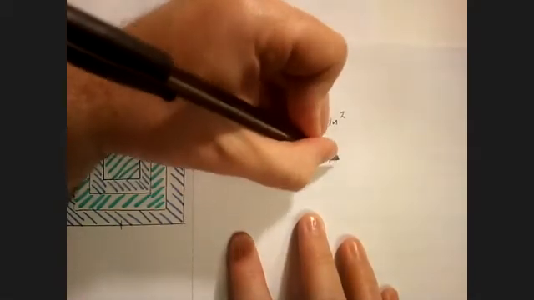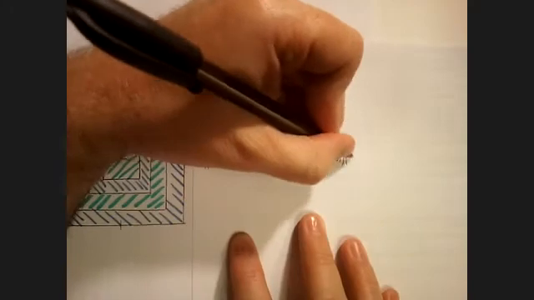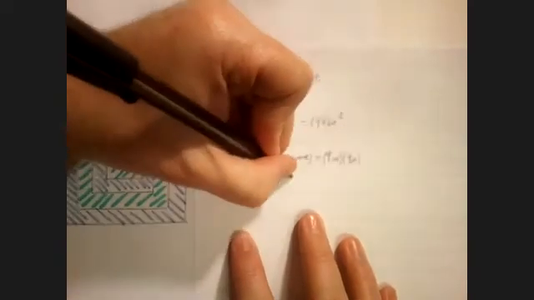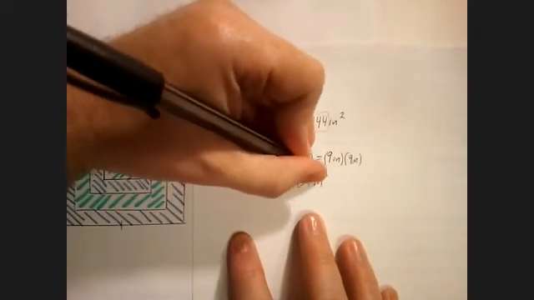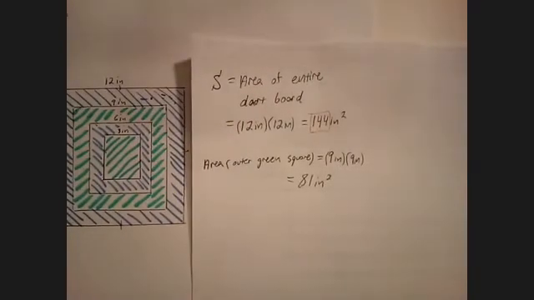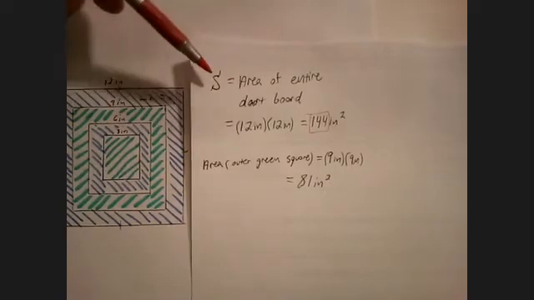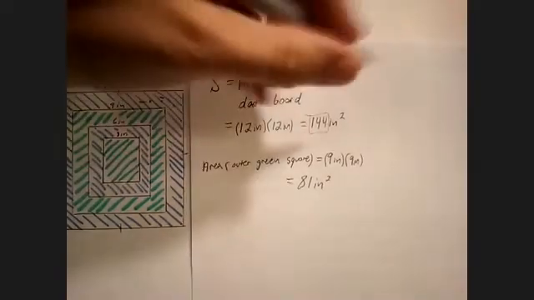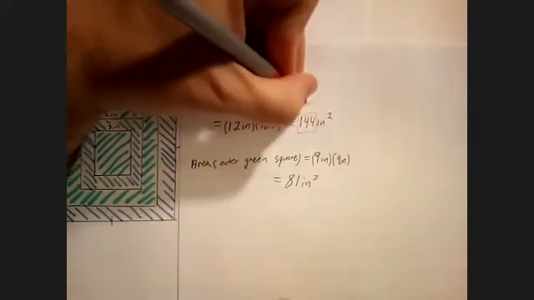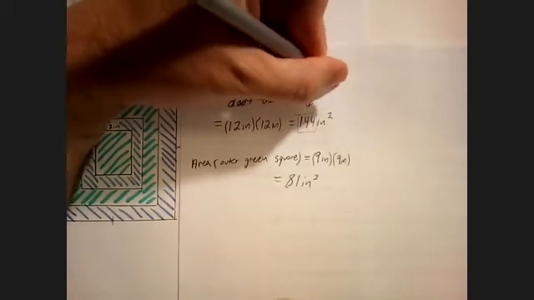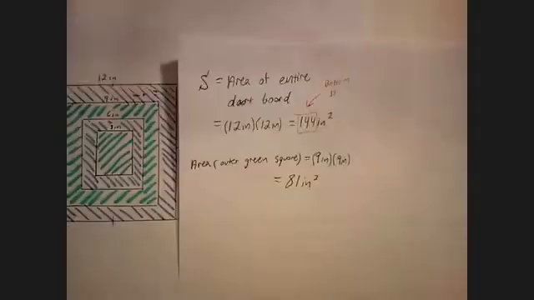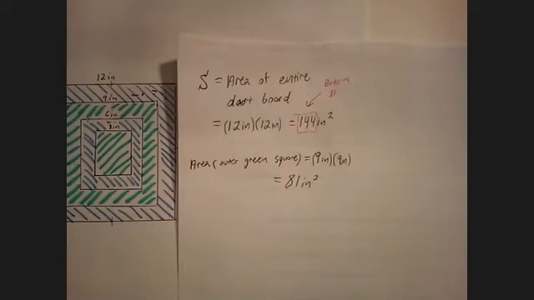So 9 inches times 9 inches is 81 inches squared. By the way, this 144 that we just found up here is going to go on the bottom. So in our probability, that's our bottom number.